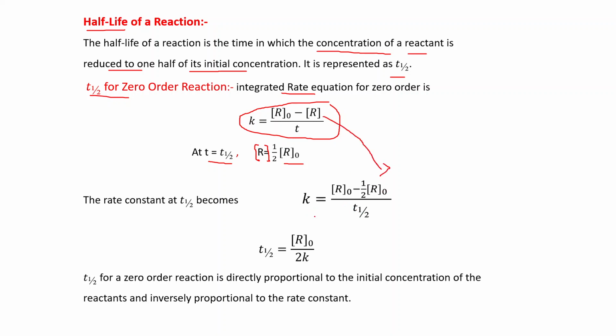If you solve it, then we'll get T-half is equal to R naught divided by 2K. Again you have to remember this one. Clear? We can say from this formula, T-half for zero order reaction is directly proportional to initial concentration of the reactants and inversely proportional to the rate constant.